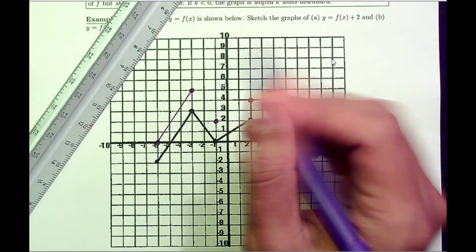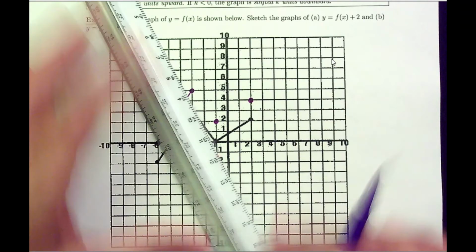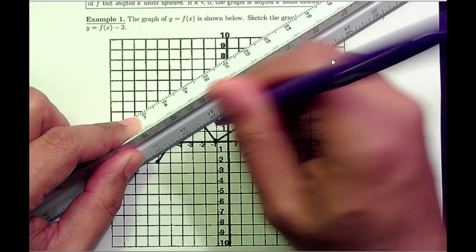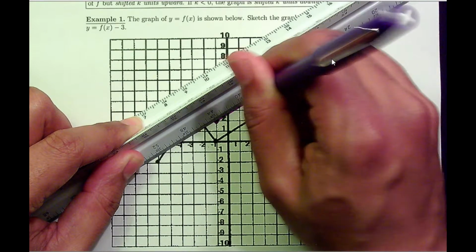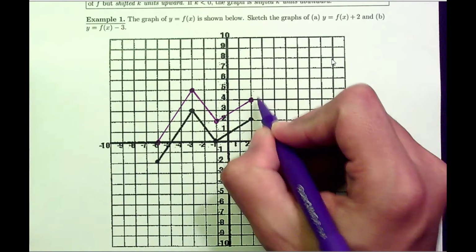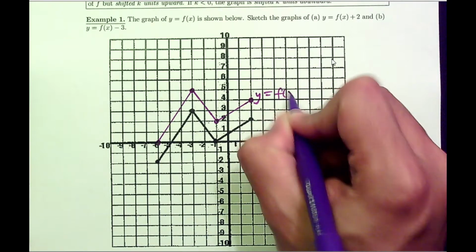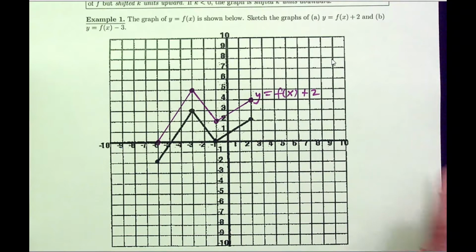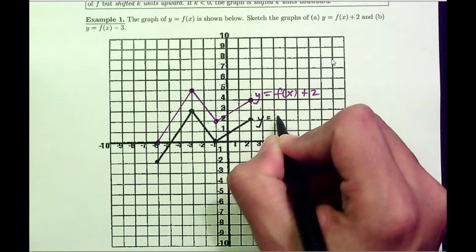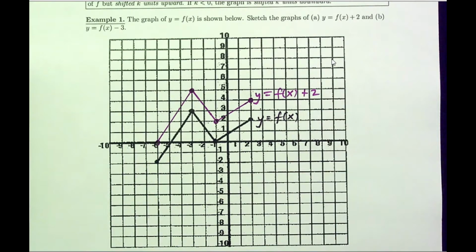So you have that, then connect to these two, then connect to those two. Okay, and that is the entire graph shifted up by 2. So that is the graph of y equals f of x plus 2. This one right here is the graph of y equals f of x. So add 2 means move the whole thing up by 2. And that's it.